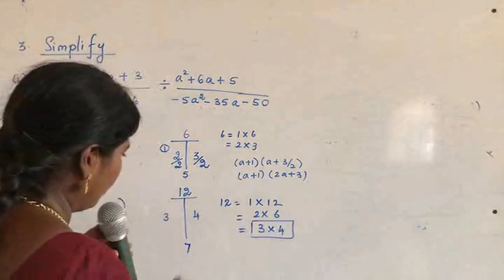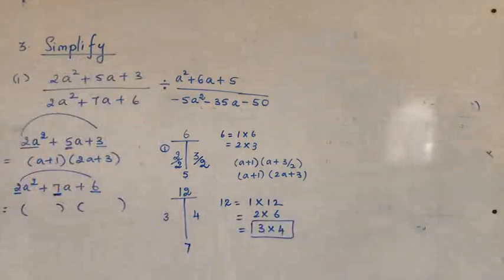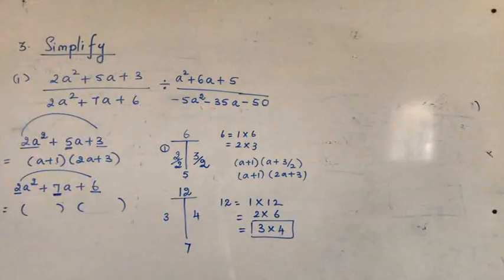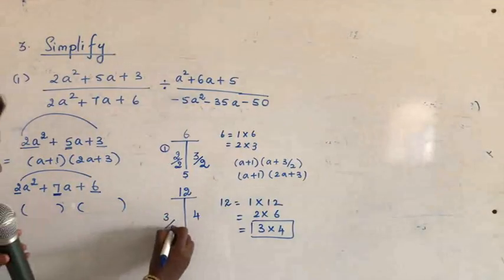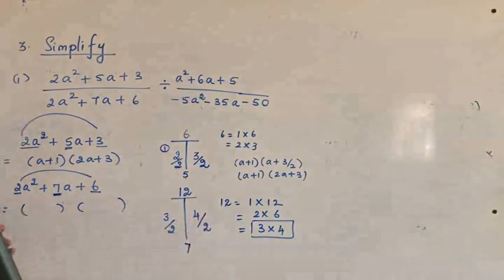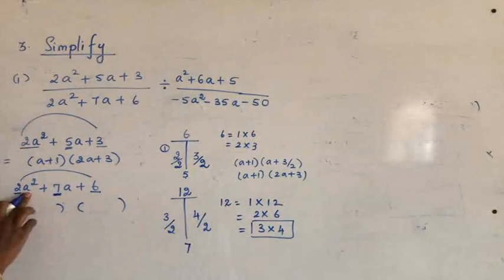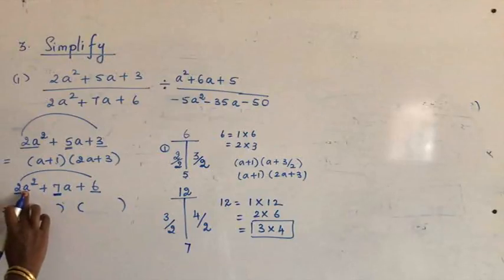3, 4. Now since the coefficient of the first term is other than 1, we have to divide by the number 2, that is the coefficient of the first term. So divide by 2, divide by 2. What's the variable used here? A. Variable is nothing but the letter. So what is the letter used here?